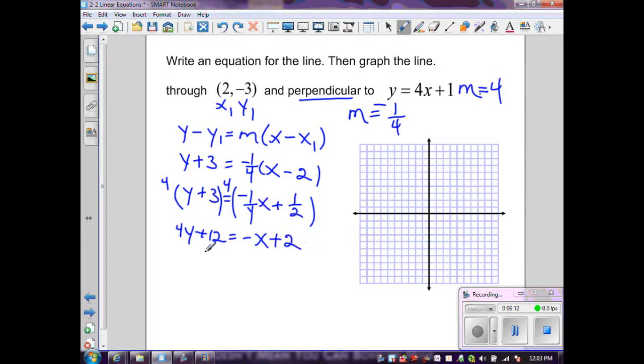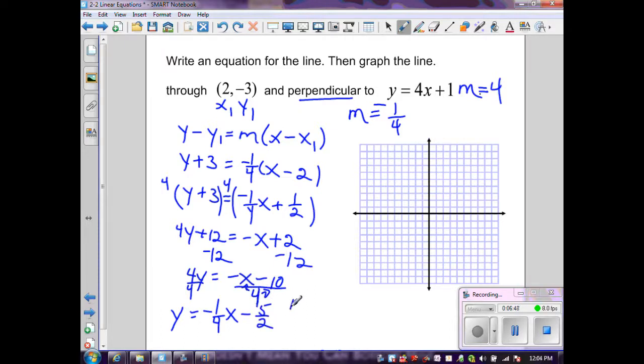Solving for y, let's subtract 12 on both sides. Gives me 4y equals a negative x minus 10. Dividing by 4, and 4 has to go into each term, whether it goes in evenly or not, gives me y equal to a negative 1/4 x minus 10 divided by 4, which simplifies, since 2 goes in each, to 5/2.